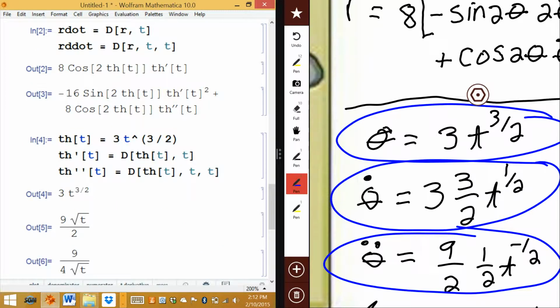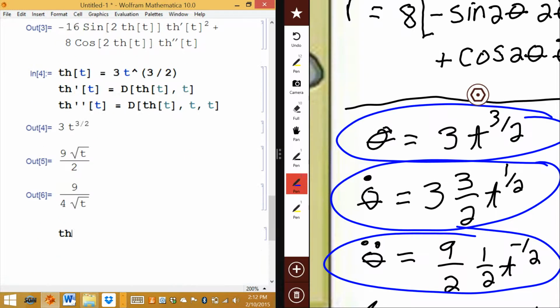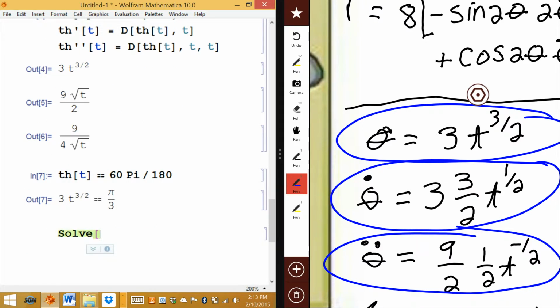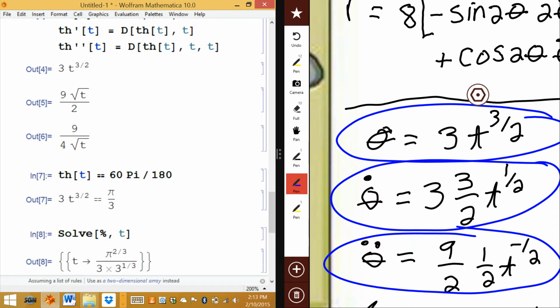So that's our values. We say that theta is 60 degrees. We want to know what time is, so I'm going to say theta of t equals 60, and that would be pi divided by 180, so I've converted into radians. So there's my formula, and I'm going to solve the formula for time. So there's my time.